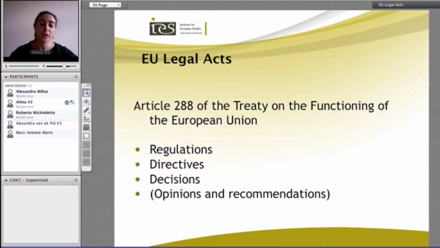That means that we still need the national legislator to become active and to transpose these directives into national law before they become legally binding. And that's the difference between regulations and directives. So here, if you don't have the national legislative act, you basically do not have binding law. There are certain exceptions to this, but I don't want to go into more detail here.